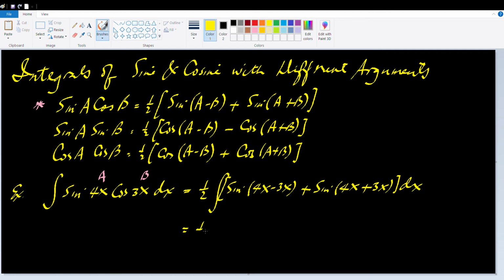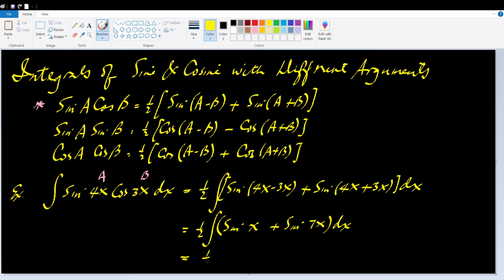This is equal to 1/2 of the integral of sine of 4x minus 3x, which is x, plus sine of 4x plus 3x, which is 7x, everything times dx. We then integrate term by term.